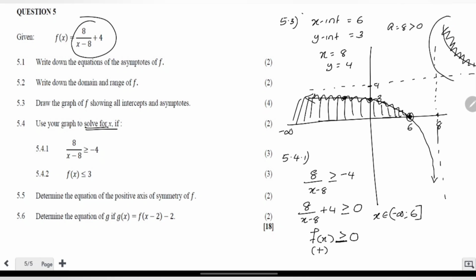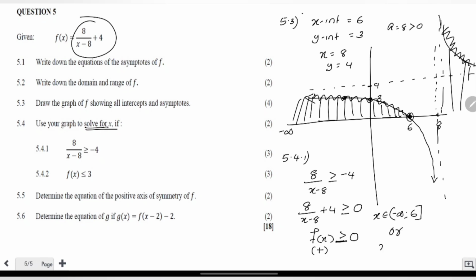Remember, don't forget this part, also positive. So x values are starting from where? See, this graph never touched the asymptotes. So the x value is starting from 8, but 8 is not part of the solution. So you have to use an open bracket. 8 up until what? Infinity, isn't it? Because this graph is continuing to the right.